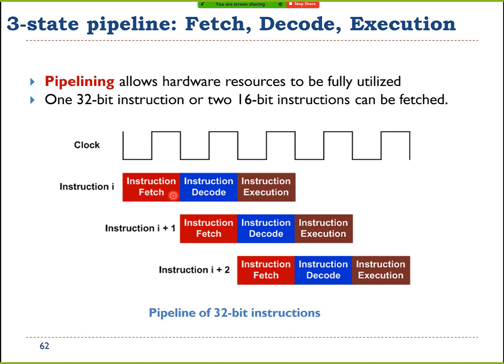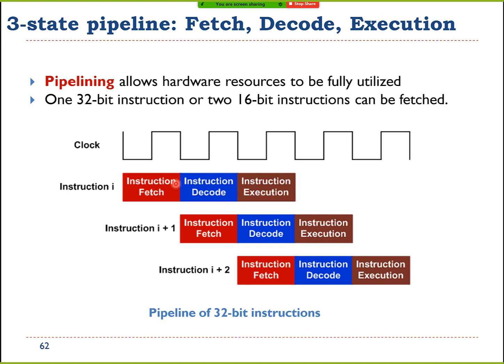So one way of doing this, you can do fetch, decode, execution, another fetch, another decode, another execution. But instead of processing the next instruction here, I can, because the fetch, decode, and execution are done by different modules.